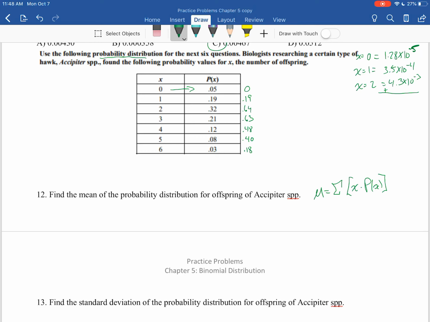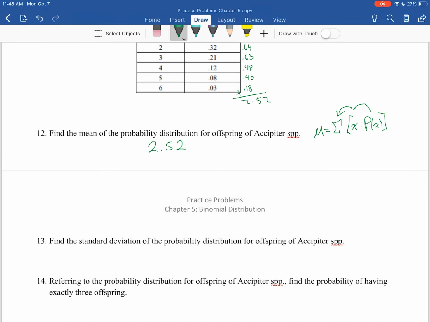So now we have multiplied x times the probability of that x value, and now we're going to sum them. When we add them up, you get 2.52. So when we're asking what is the mean of this distribution, we'd say it's 2.52.